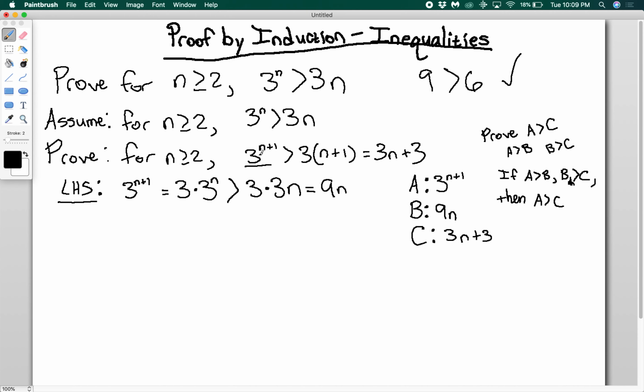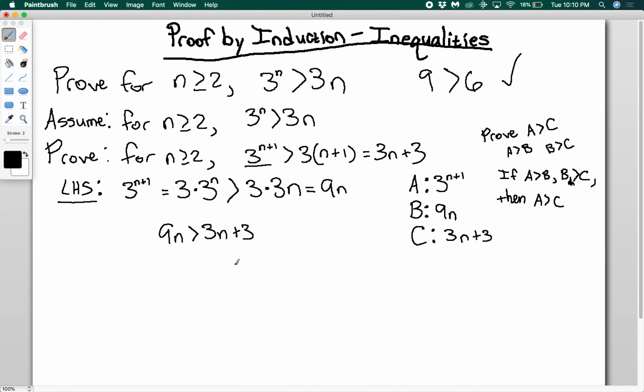Because I already know that this is bigger than 9n, so it's fine for me to put this here and see if it's true. And if it is, I've proven my statement. Because if this is greater than this, then 3 to the n plus 1 must also be greater than it. So now my proof becomes instead: 9n is greater than 3n plus 3.